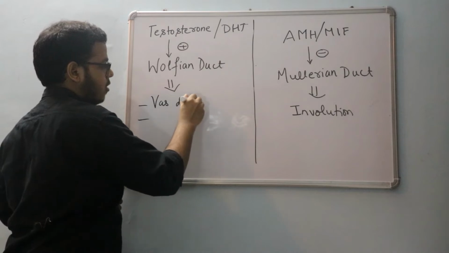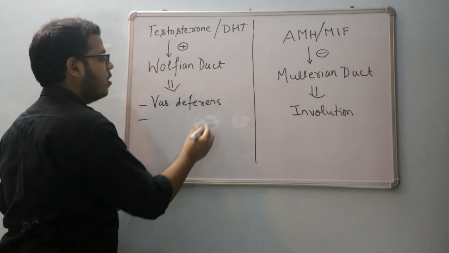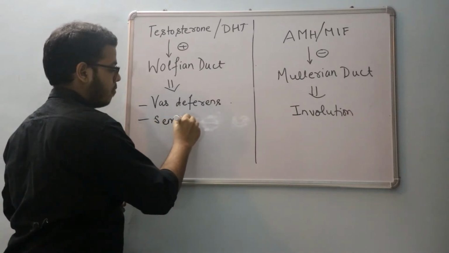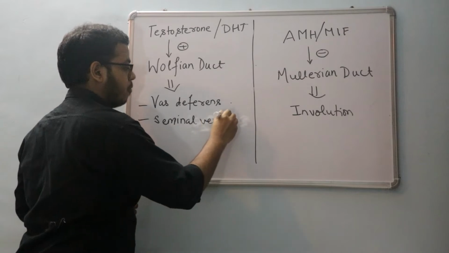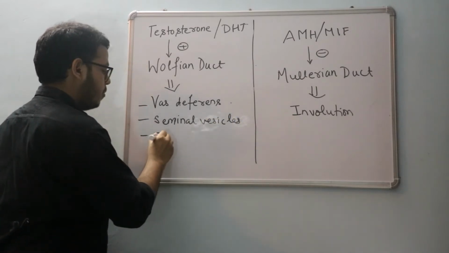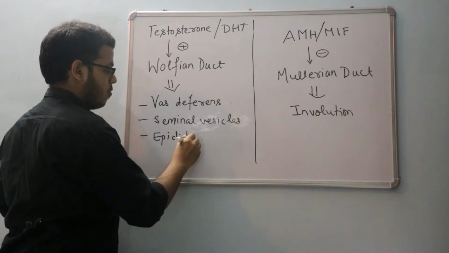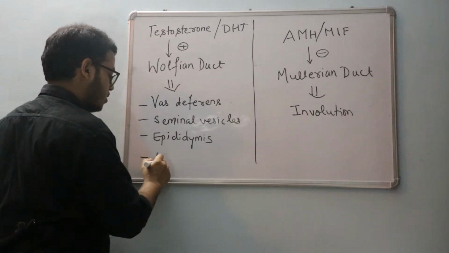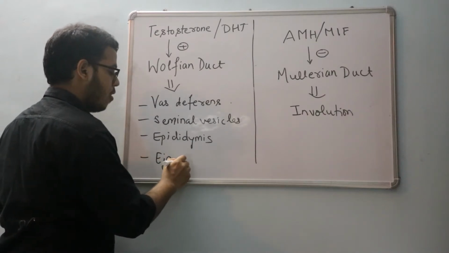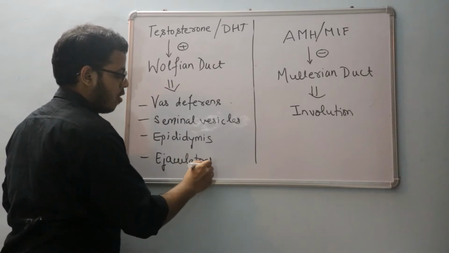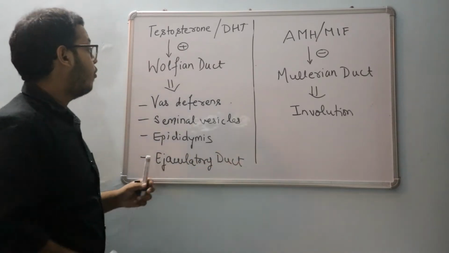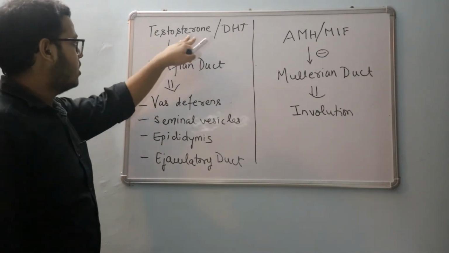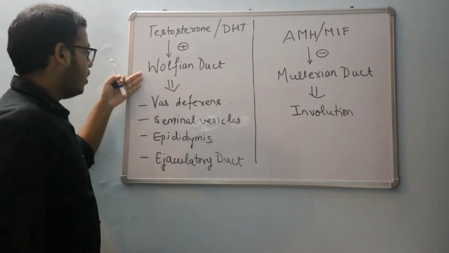We have the vas deferens, then the seminal vesicles, we also have the epididymis, and one more structure, the ejaculatory duct. So these are the structures formed by the Wolffian duct in presence of testosterone or any androgen, testosterone or DHT.